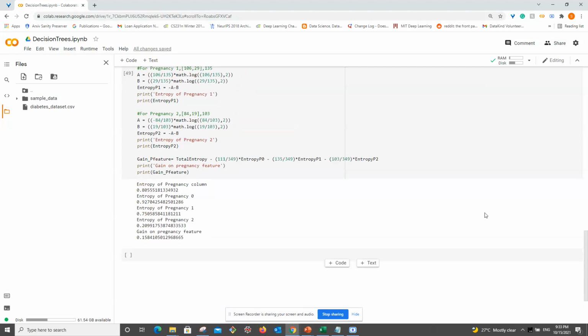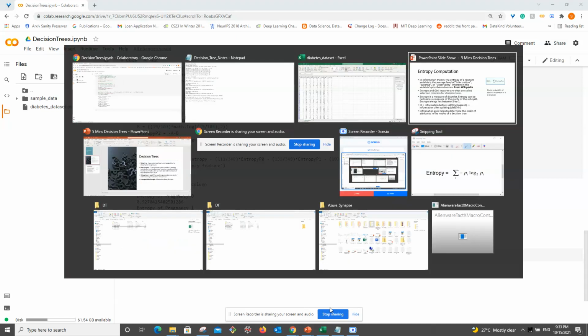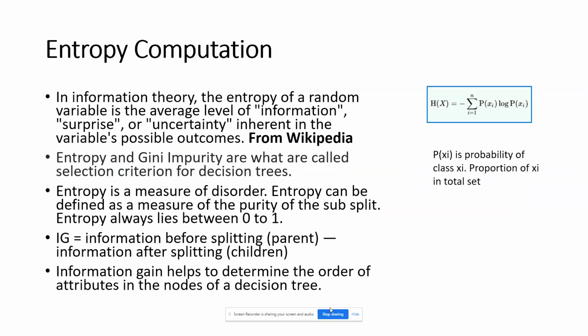When you compute overall, the total entropy minus the values for 0, 1, 2 gives the computed value. Similarly, we look at all the columns and pick the column with the highest information gain to be used as a splitter. This is the overall concept of how information gain and computation works.